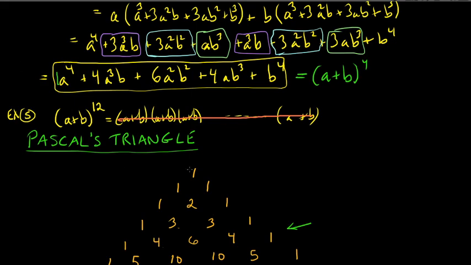What about the exponents? So look at the pattern here. Let's start with the a's. For the a, we start with the biggest power, the 4. Again, the 4 just comes from a plus b to the 4th, right? So what's the next exponent? It's a 3. Well, that's 4 minus 1 is 3. What's the next exponent?